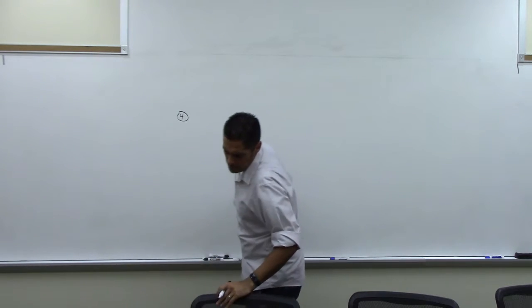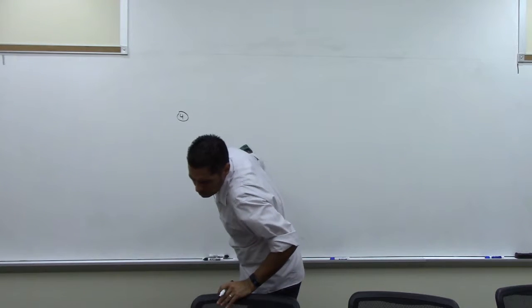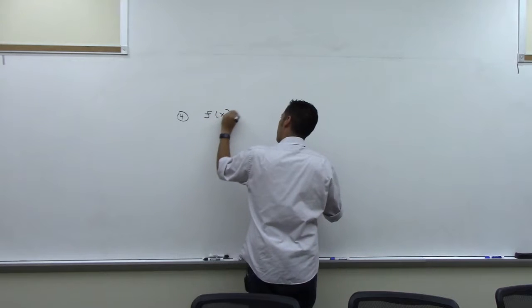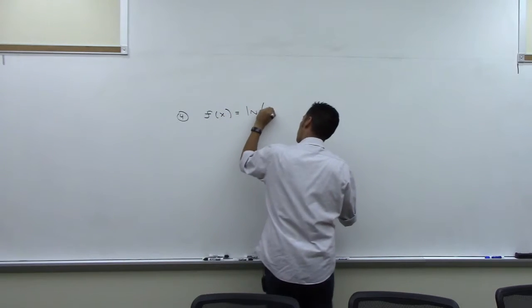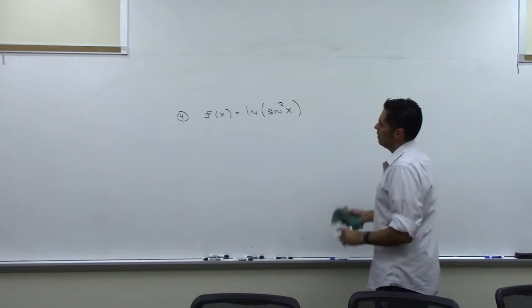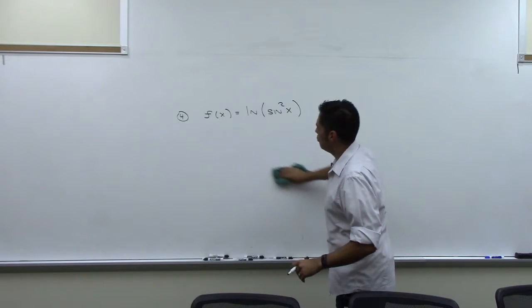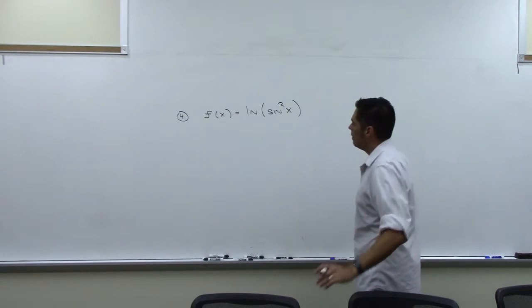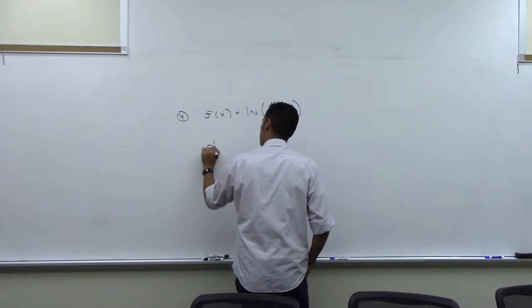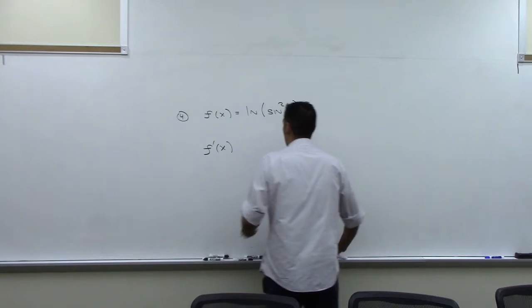4. f of x is natural log of sine squared x. I see, this could be a little tricky. Let me do it the way most of you would probably do this. You would say, all right, I see that I have composition.